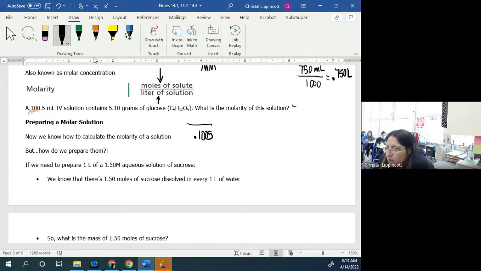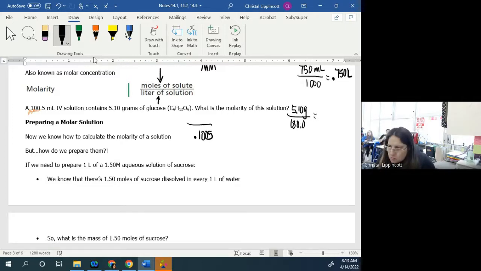So I'm going to take 510 grams. I'm going to divide it by the molar mass of glucose, which you can calculate if you'd like, but I can just tell you it's 180. Oh, I did it right. I have that one memorized. And that ends up being, I needed to divide that.